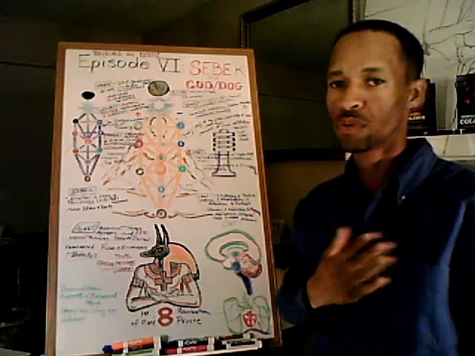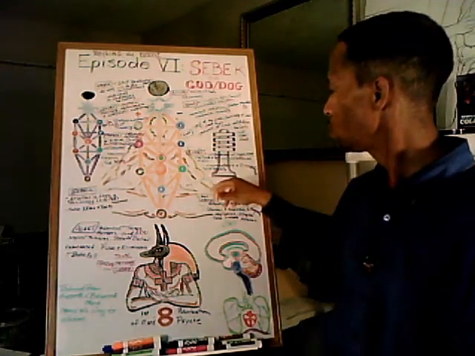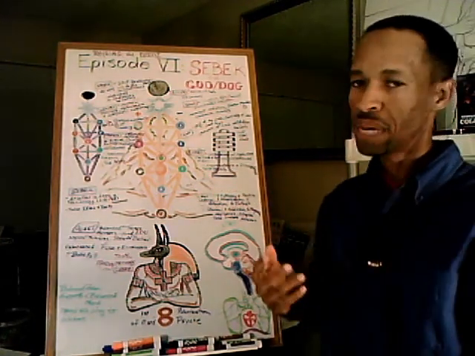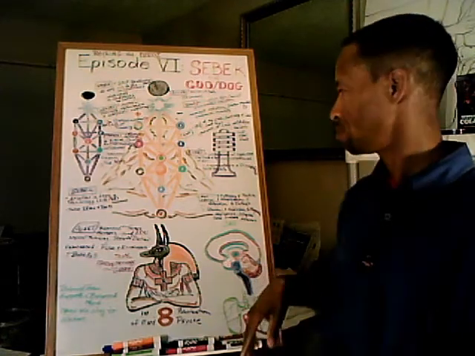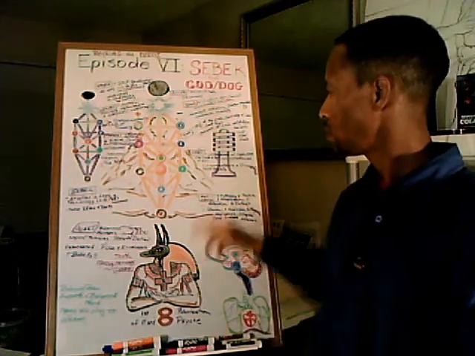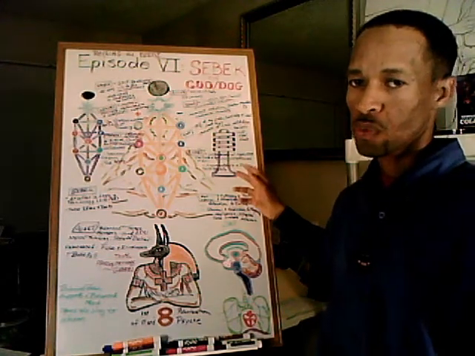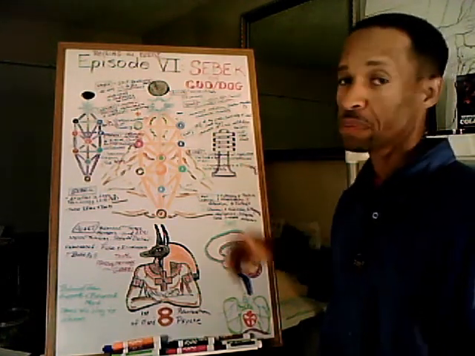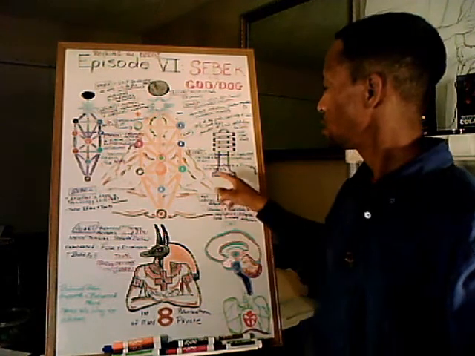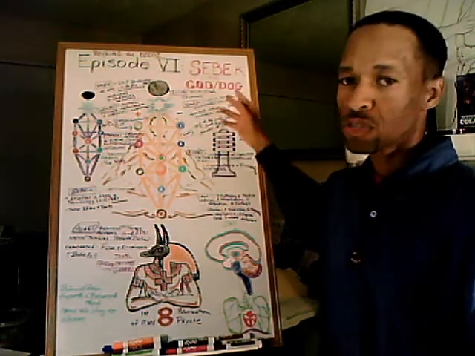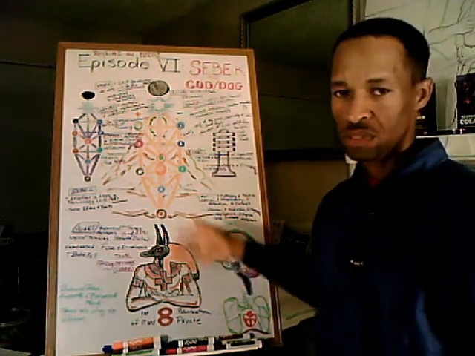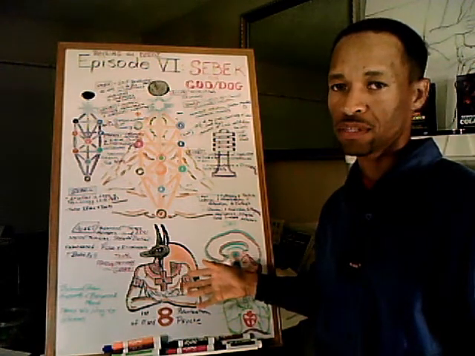Heru, when imbalanced, is argumentative, because he's fiery. He's argumentative and disrespectful to authority, or disrespectful, period. He would harbor false beliefs, because this is the domain of Sebek, is beliefs.